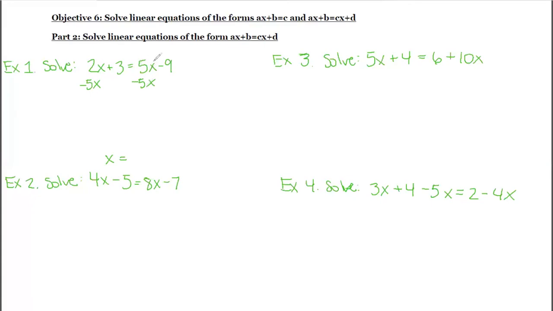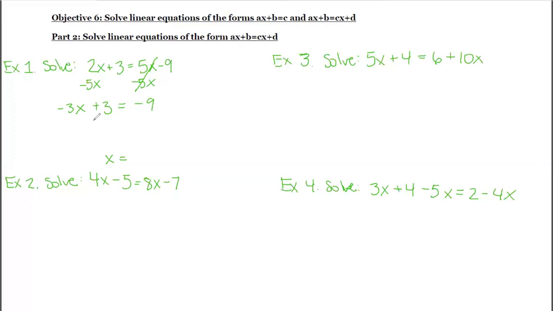So 5x minus 5x is 0. So when we do that, we get 2x minus 5x, which is negative 3x. We still have that plus 3. We still have the equal sign, and we still have that negative 9. Okay? Now, we need to get the constant terms together.